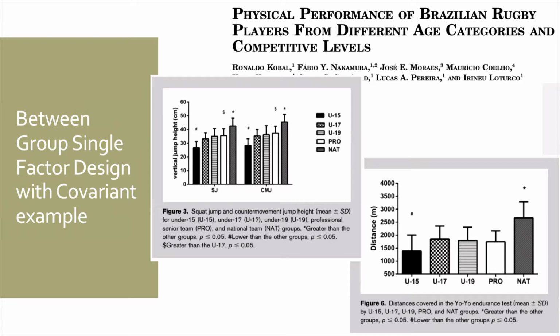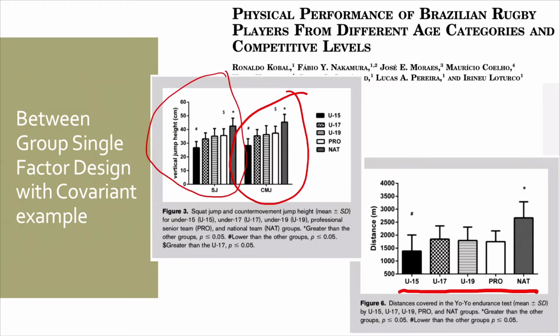What we can see is a squat jump on this side of the figure, and we can see a countermovement jump here, and then over here we can see the distances covered in an agility test called the yo-yo endurance test, which is an endurance test that also involves some sprinting. So these are physical performance tests in Brazilian rugby players.